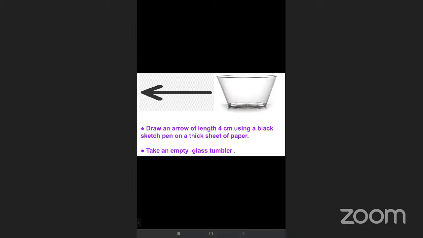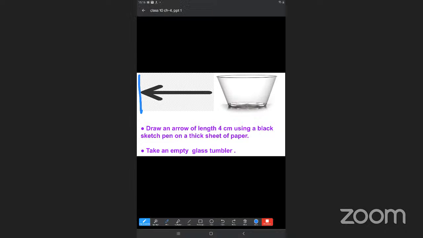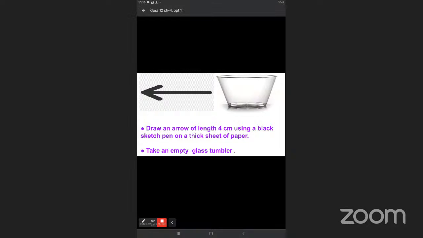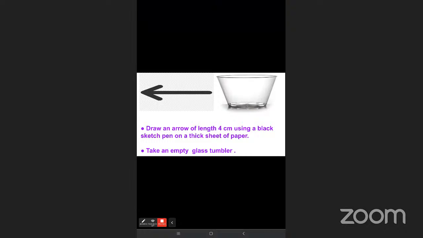First of all, draw an arrow of length 4 centimeters using a black sketch pen or a thick ink pen on a sheet of paper. First of all, we need to take one paper. Now draw an arrow of length 4 centimeters. Now take an empty glass tumbler.